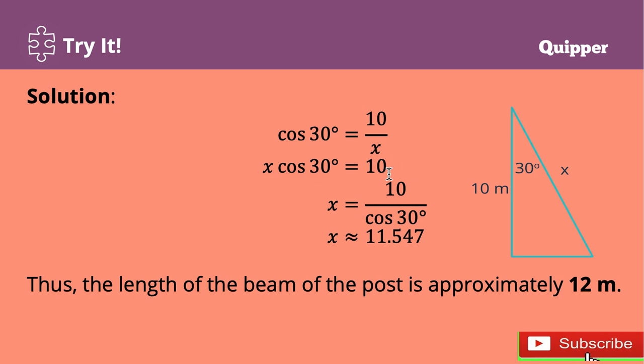Then divide both sides by cosine 30 degrees. So x is equal to 10 over cosine 30 degrees, and 10 divided by cosine 30 degrees is approximately 11.547. Therefore, the length of the light beam of the lamppost is approximately 12 meters.